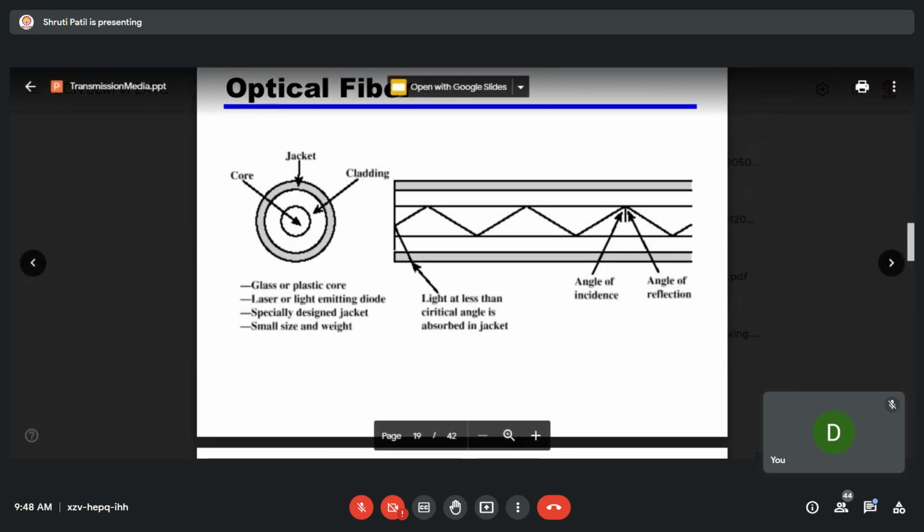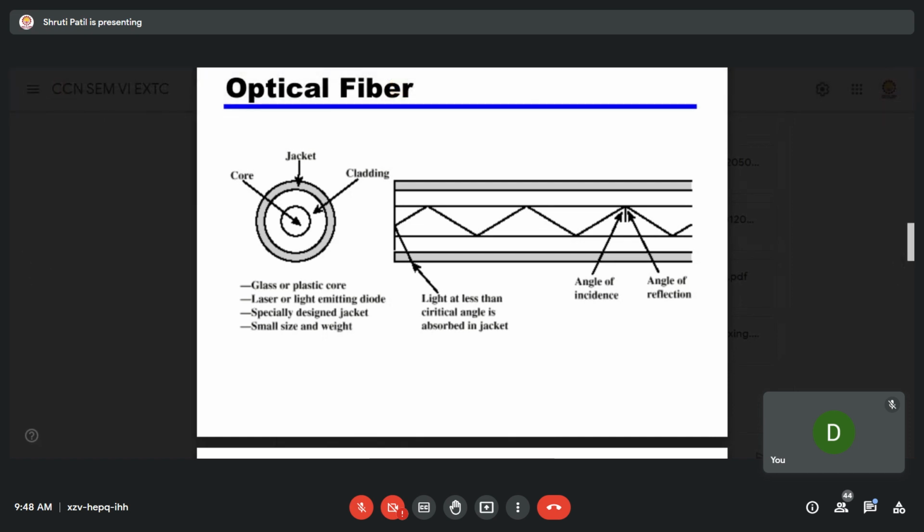How it transmits: this is a light source. It is reflected through this core, and there is a cladding. Even if any light escapes from the core, there is again reflection and refraction.